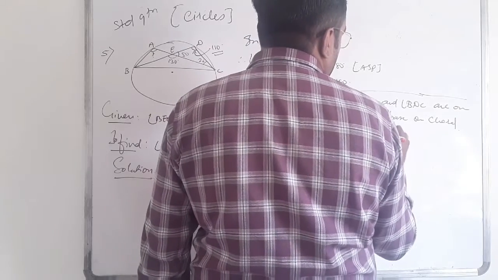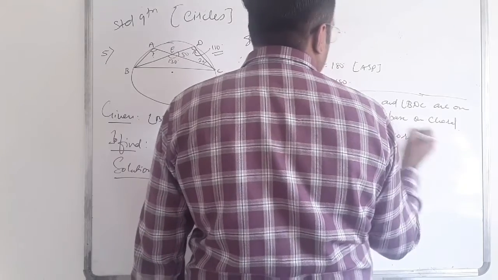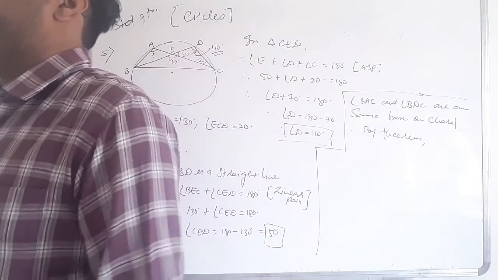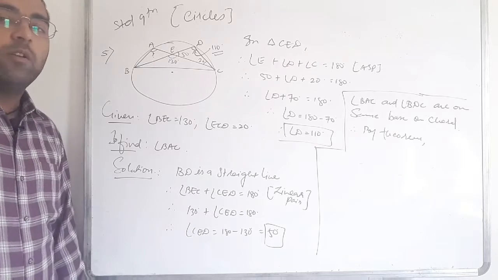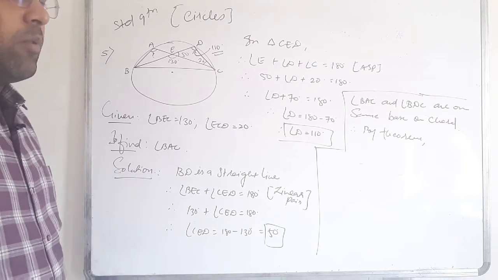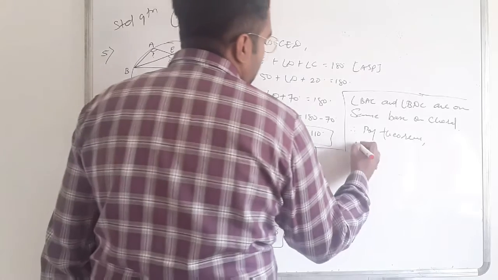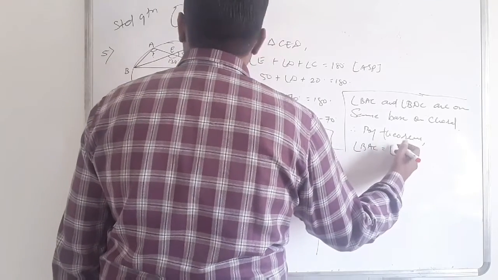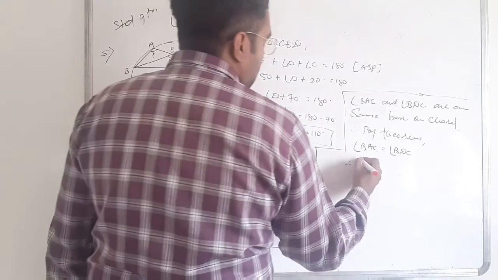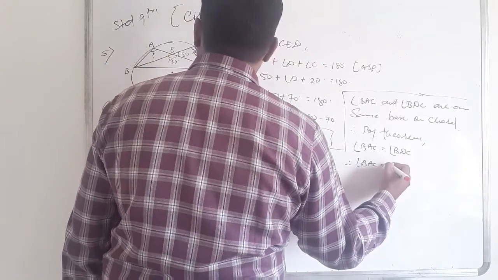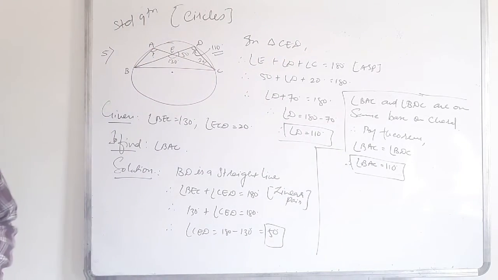Therefore by theorem, if two angles lie on the same chord, that is, two angles are formed with the same chord, then both of the angles of the circle are equal. So angle BAC is equal to angle BDC. Therefore BAC is also equal to 110 degrees. Clear that? So please note down this first.